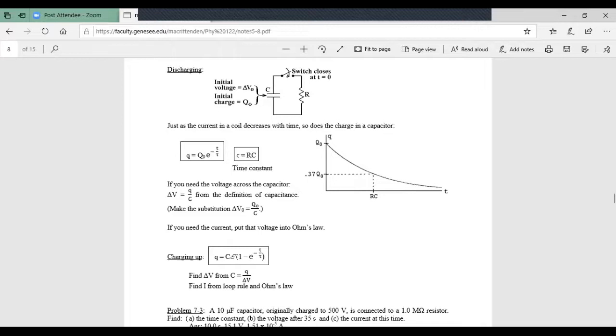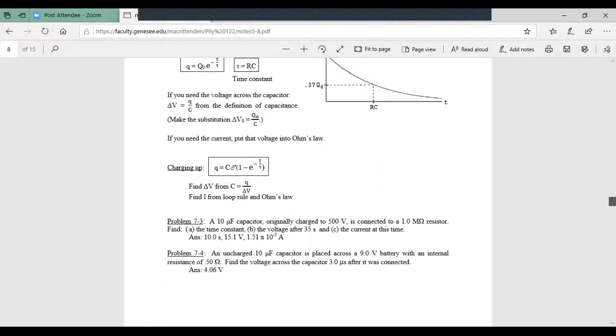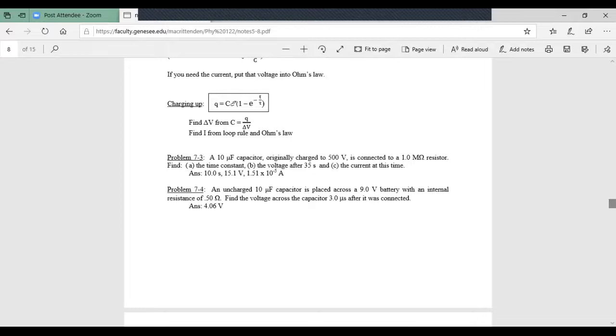So you'd have voltage equals EMF times the thing in parentheses. And again, Ohm's law, actually together with the loop rule, to get the current.